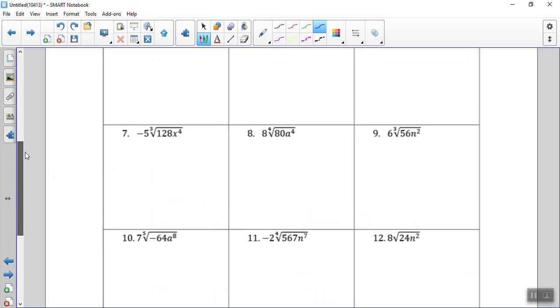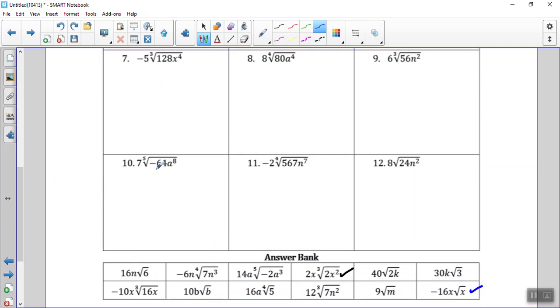Let me do one more. Maybe I'll do this one. There's a negative, it's a fifth root, there's a number out here. I think we can do this one. So you have the 7 out here. And then before, well, I don't want to do all that. Let me do the factor tree first. So 64, that is 64.